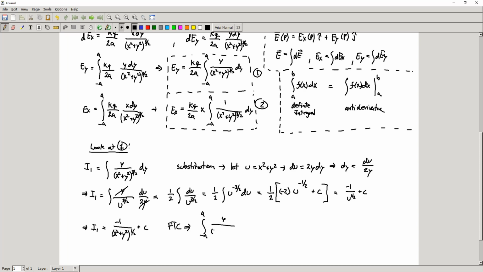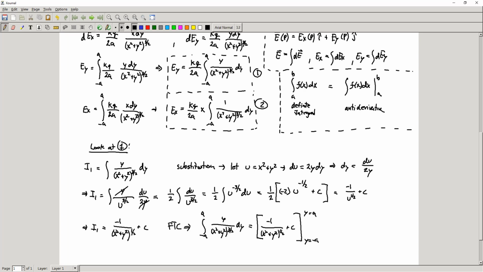of y over x squared plus y squared to the 3 over 2 dy is equal to minus 1 over x squared plus y squared to the 1/2 plus c evaluated from y equals minus a to y equals a. Okay? And we could have saved ourselves a lot of trouble here.